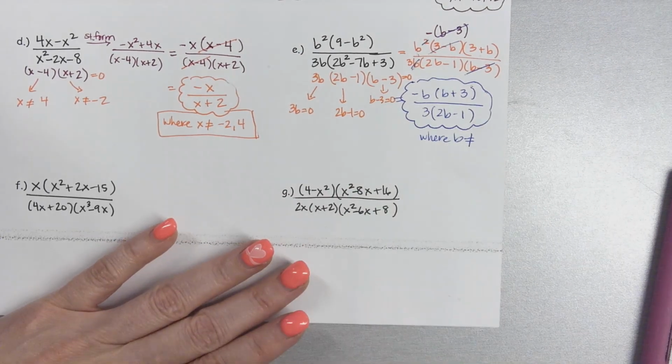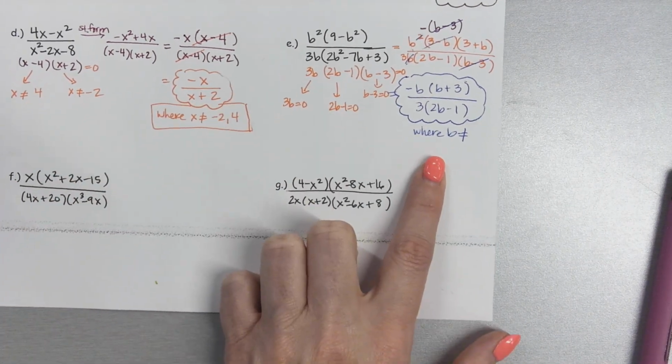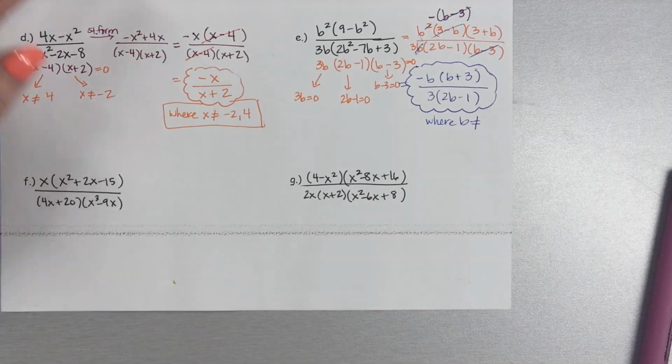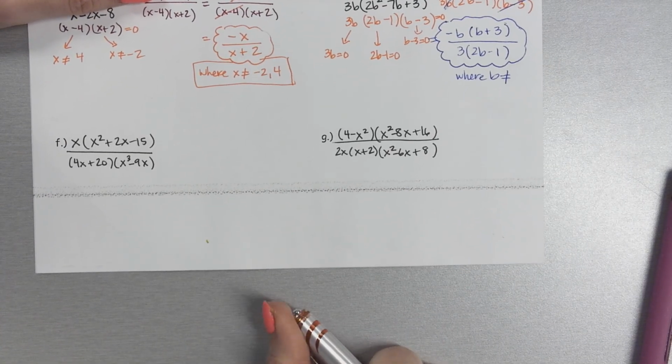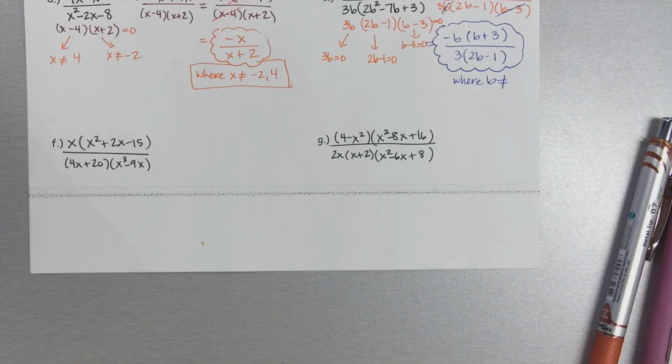Okay, so based on that, I want you to list the 3 restrictions for b. There's 3 numbers it cannot be. Yes, minus 13.